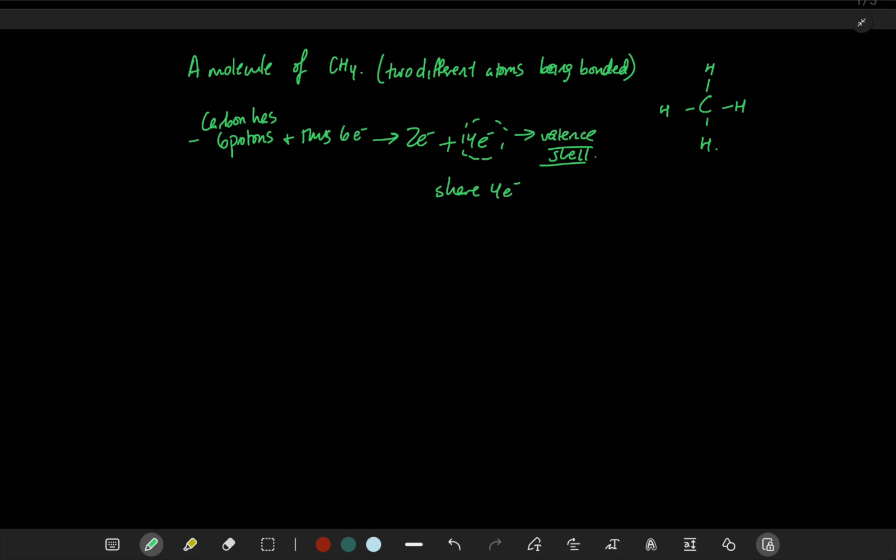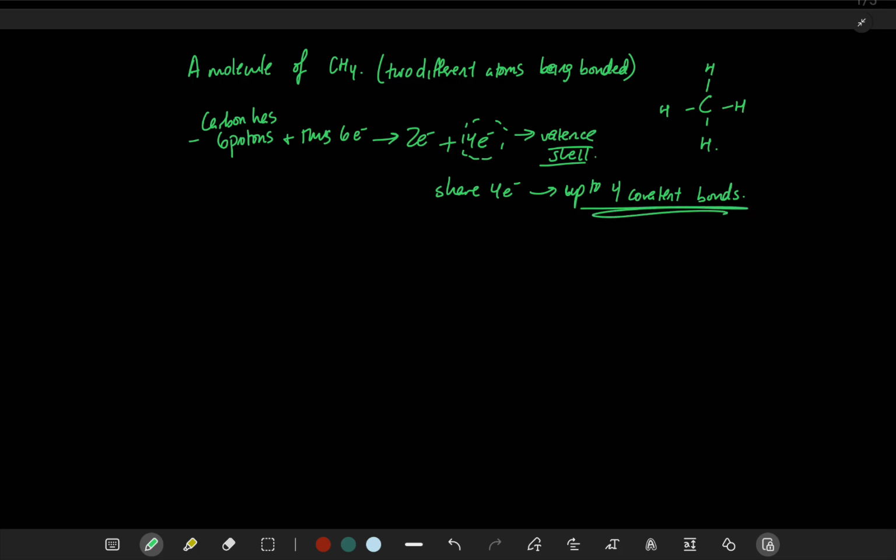This means that ultimately carbon can share with up to 4 atoms and can form up to 4 covalent bonds. So we said it can share 4 electrons, which means it can form up to 4 covalent bonds, right? Okay. So that's a unique aspect of carbon.